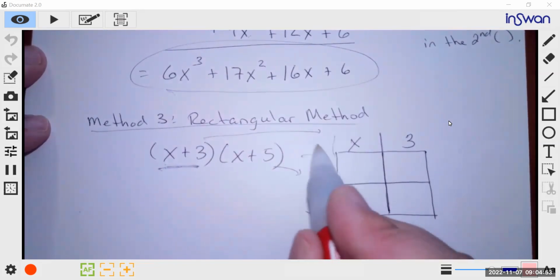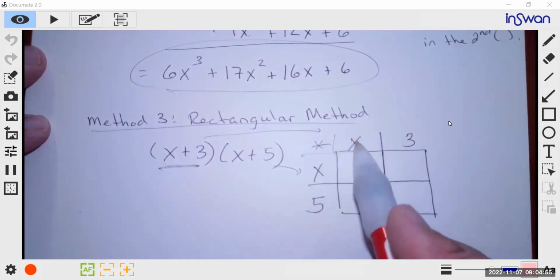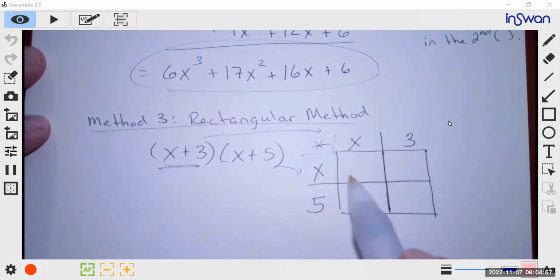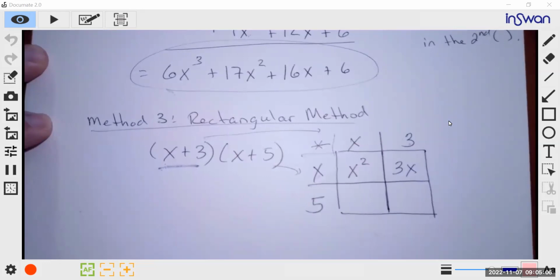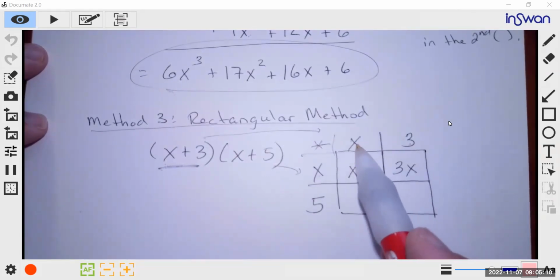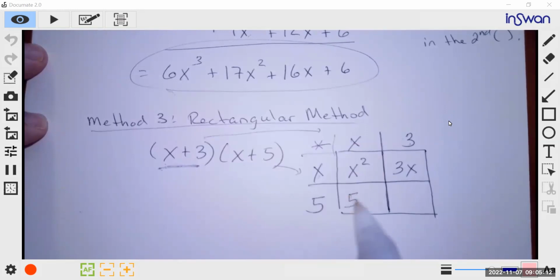What you do now is you multiply. X times x is what? X squared. X times 3, 3x. X times 5 is 5x. Five times 3 is 15.